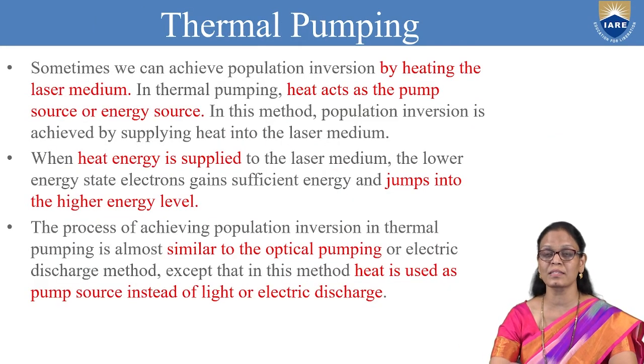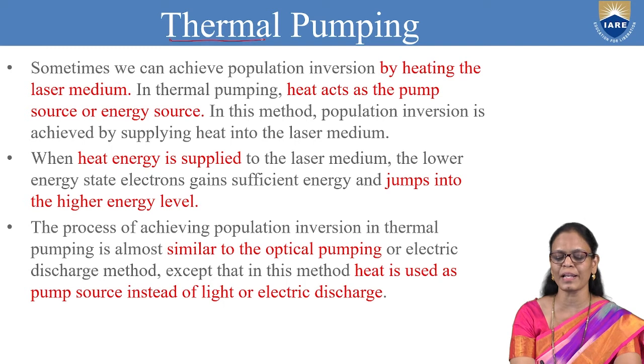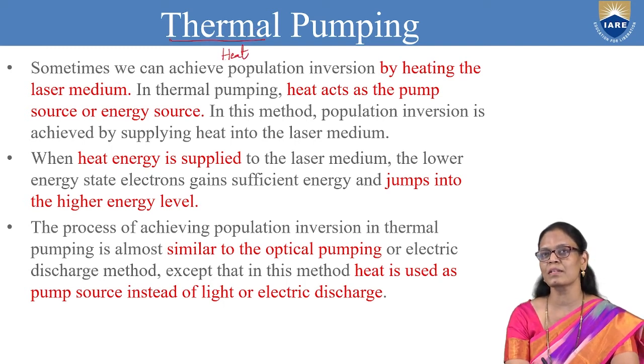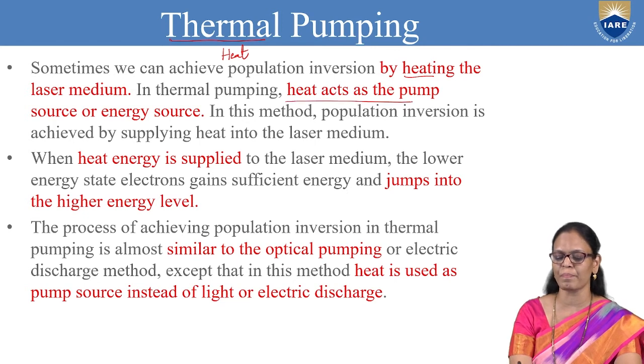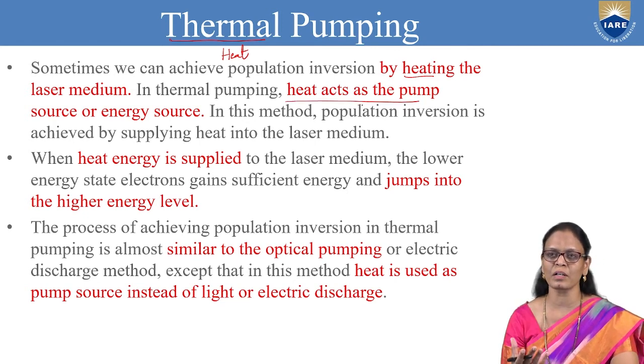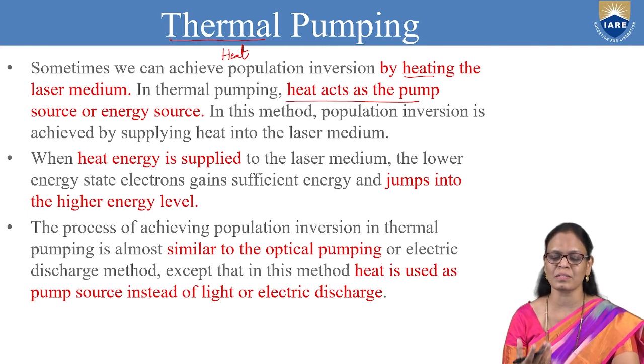Now the next one is thermal pumping. Thermal is always related to heat. Thermal energy is heat energy. Sometimes we achieve population inversion by heating the laser medium. In thermal pumping, heat acts as the pump, because for the ground state atoms, we need to supply energy, and the energy we are supplying here is in the form of heat.